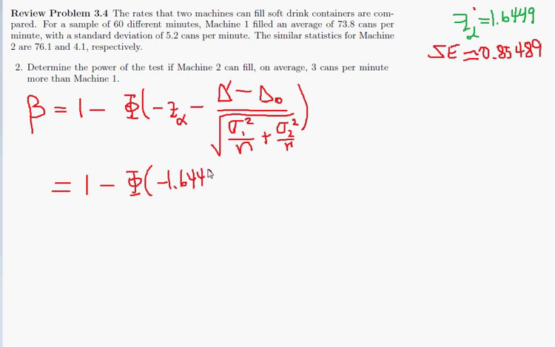The z alpha is positive, so negative z sub alpha is the same critical value that we had before. Minus delta prime is the new difference under the alternative hypothesis, which is negative 3, minus the hypothesized difference under the null, which was 0, divided by the standard error, which we found out already was 0.85489.